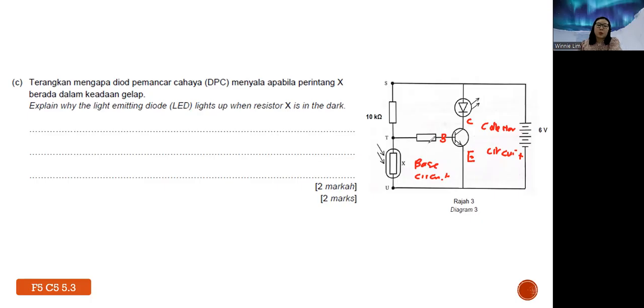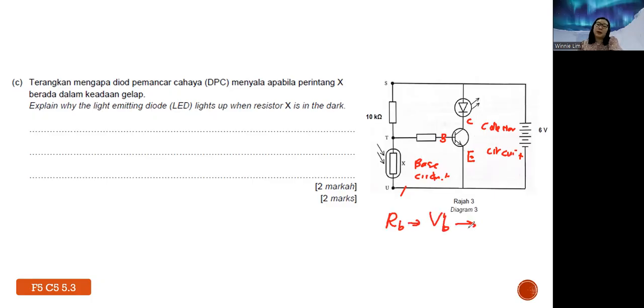So they say explain why the light emitting diode lights up when the resistor is in the dark. What you need to know is the transistor will be switched on when you have a base current which is high enough to cause the collector current to flow. The resistance on the base will affect the voltage across the base.